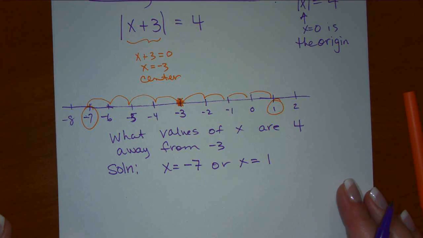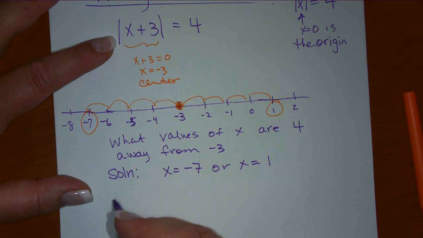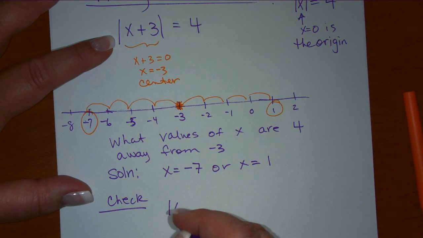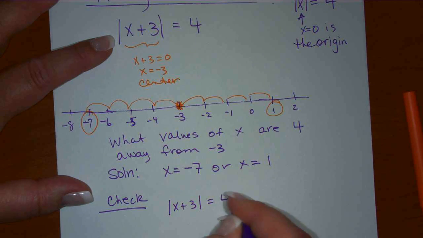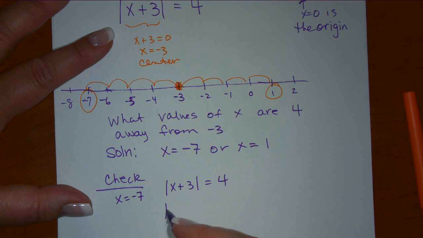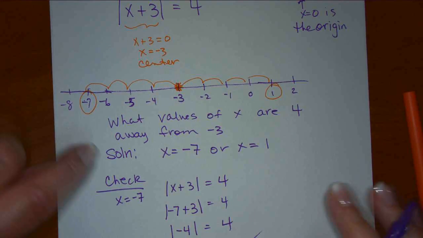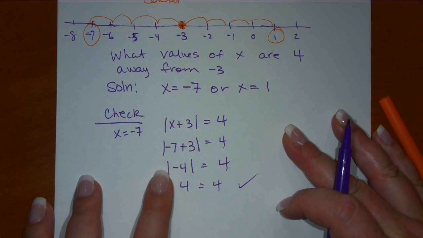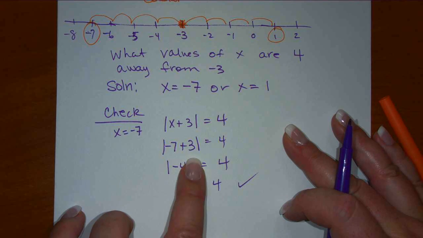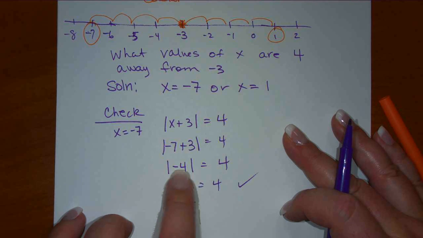So what happens when you plug these into the original? So if I want to check negative 7, I plug the negative 7 in for x, I get negative 4, because minus 7 plus 3 is negative 4, and the absolute value of negative 4 is 4.